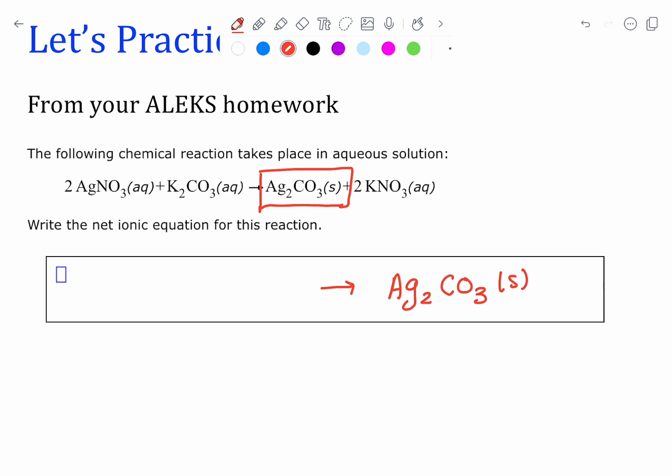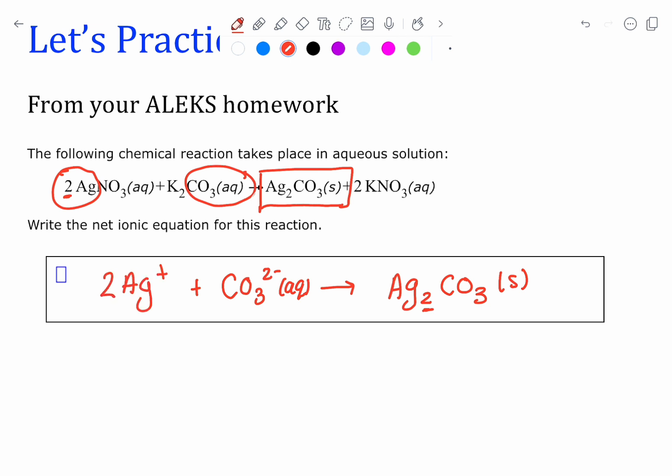What ions came together to form that? Well, we needed a CO3 2-, and it was aqueous. That came from here. Okay, I only need one of those. And then I need a silver, but I need 2 of them because of the 2 here and because of the 2 here. So we have 2 Ag pluses.